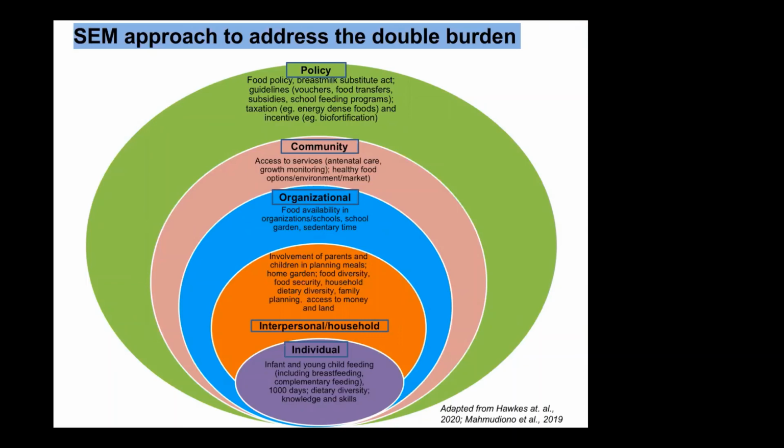On taxation, I'm not sure, but it would be good to charge extra tax to those companies that sell energy-dense food, and also give incentives to those that biofortify. Biofortified means that when they produce, for example, rice, they use a fortified variety that has extra nutrients and minerals.